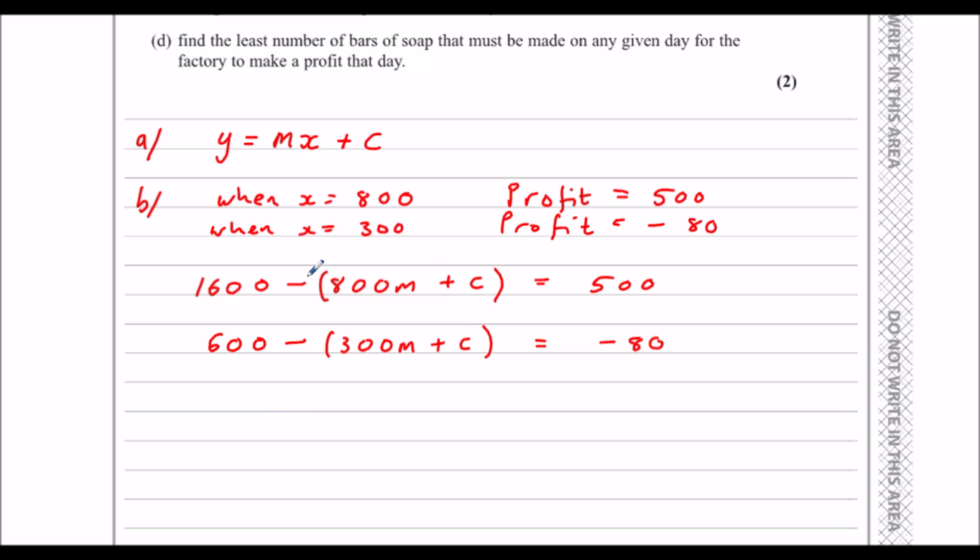So let's simplify these a little bit. So for the top one, we've got 1,600 minus 800M minus C equals 500. Let's bring the 800M and the C to the other side. So take 500 away from both sides. So that's 1,100. And add 800M and add C to both sides.